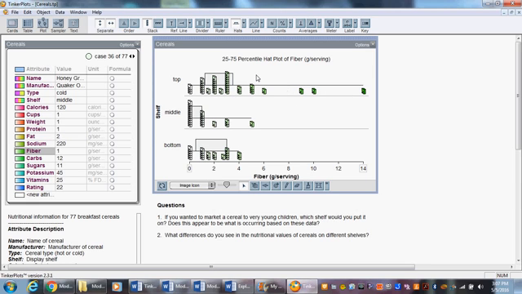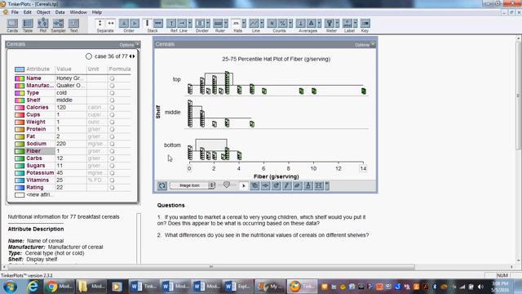So some more interesting box plots for fiber, grams per serving by shelf. So we can use these box plots to help us look at a numerical variable as compared to a categorical variable.